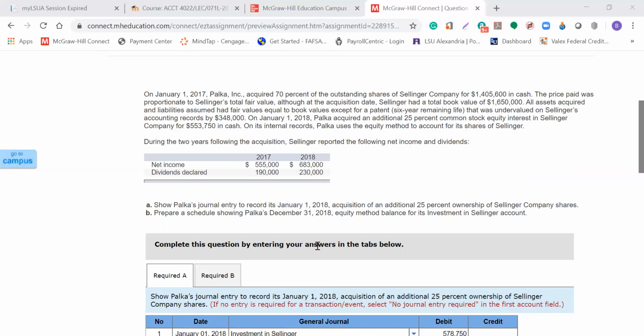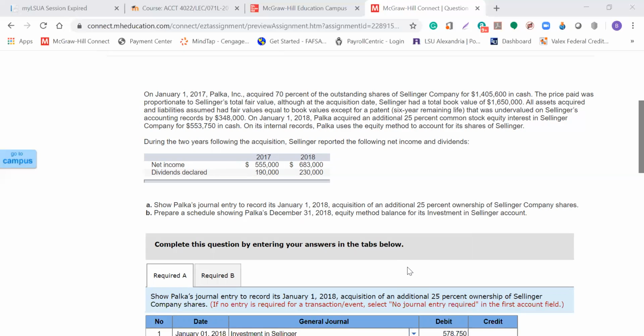Part A requires us to show the journal entries to record as of January 1st, 2018, with an acquisition of an additional 25% ownership in Sellinger's shares. Part B requires us to prepare a schedule showing PACA's December 2018 equity method balance for the investment in Sellinger's account.